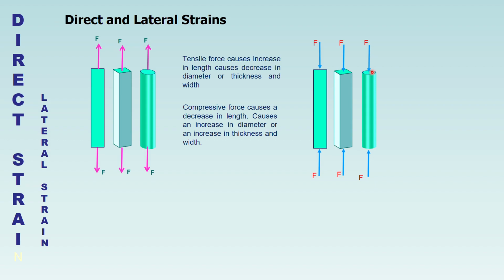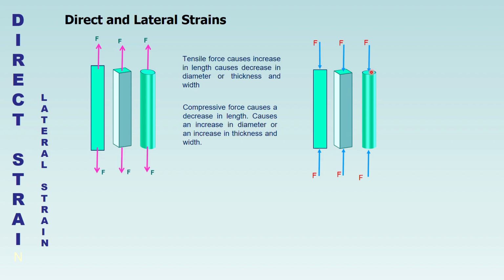So any changes in the direction of the force, I repeat once more, divided by its original, you get what is called direct strain. Other than that is called the lateral strain, or secondary strain. The one that changes in the direction of the force is usually called the primary strain or the direct strain.